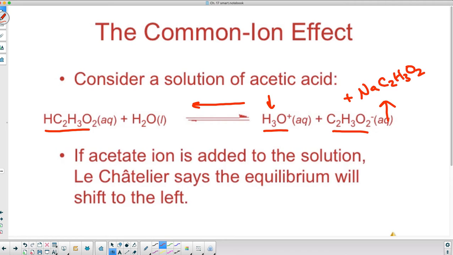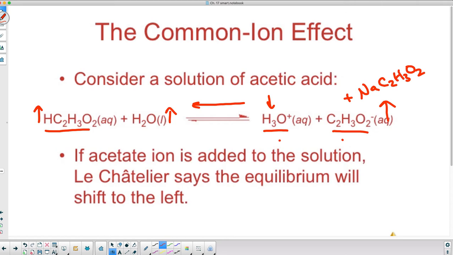It will decrease the amount of acid because these two will come together to form more of the reactants, so we'll form more water and more acetic acid. The concentration of water doesn't go up, but the concentration of acid does go up.